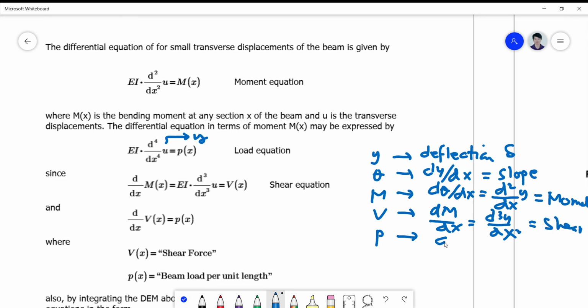And if you get the derivative of shear with respect to x, you get the fourth derivative of y with respect to x, and you get the load. That's why here your load equation constitutes your fourth derivative, and so is true with the others.